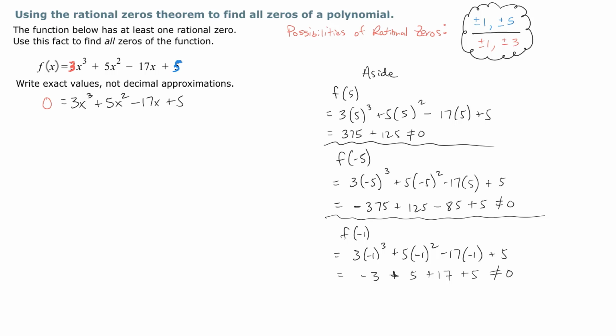Why don't we try f of 1 doesn't work, so we're left with 1/3. Why don't we try f of 1/3? F of 1/3 is 3 times 1/3 raised to the third power plus 5 times 1/3 squared minus 17 times 1/3 plus 5.